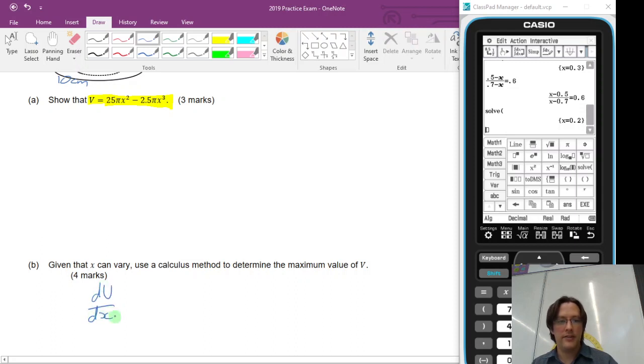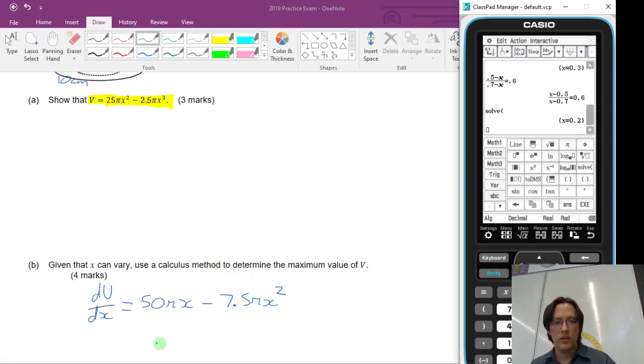dV by dx, that is 50 pi x, take 7.5 pi x squared. That's just doing that, and we want to find where that's equal to 0. So let's do that. 50 pi x, take 7.5 pi x squared equals 0.